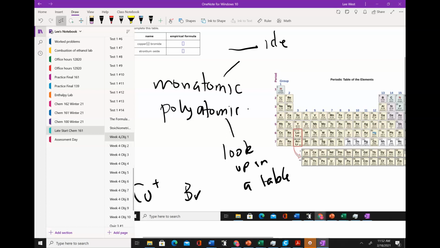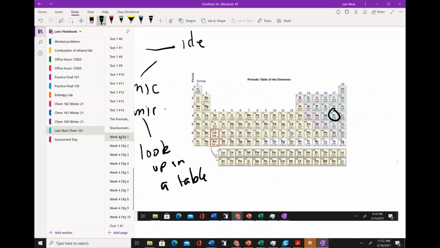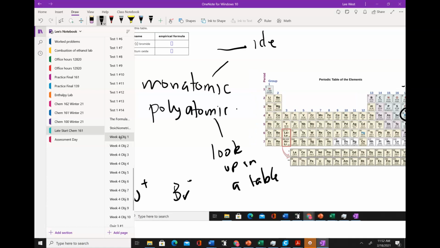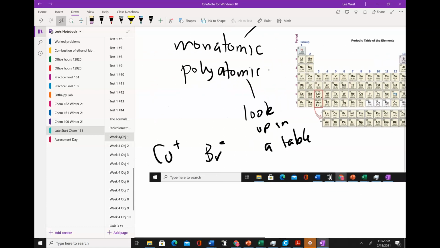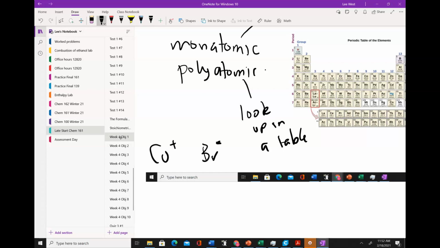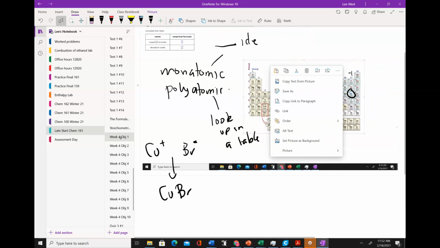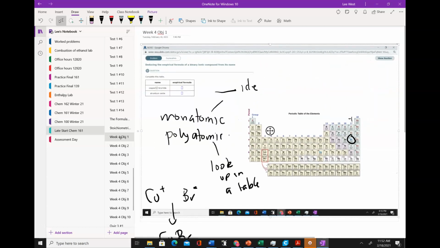And as bromine is in group 7A over here, it's going to form a -1 anion. So what this means is that these ions have equal and opposite charge, and when that is the case, the ions will combine in a 1-to-1 ratio. So equal and opposite charge, no need to do crossover. We know that they combine 1-to-1.